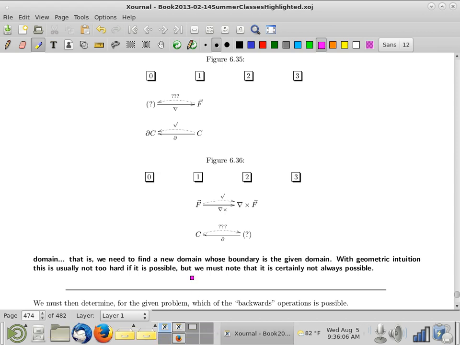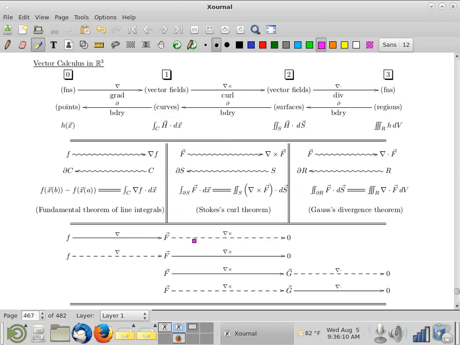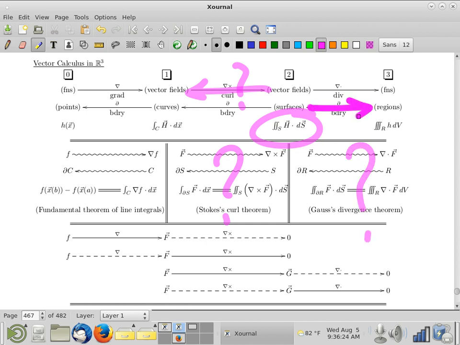Now, notice that this happens everywhere, no matter what you're being asked to compute. If you're being asked to compute a flux, if you want to use Stokes' curl theorem, the question is, can you find an anti-curl? If you want to use Gauss's divergence theorem, the question is, is there, again, I'll call it sloppily, an anti-boundary.